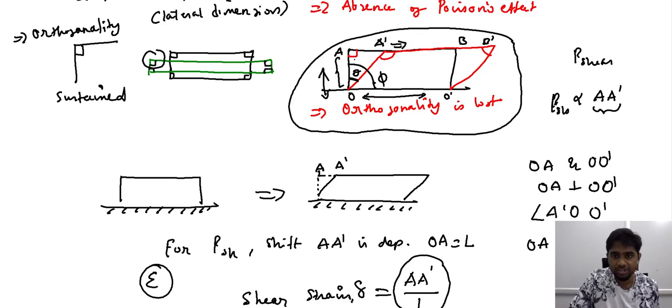So what we are essentially doing is comparing the new position with respect to the original position from O. We are not just considering A prime, but the shift in the corners from A to A prime with respect to O. We are not just considering the movement of the corners, but the movement of the corners from the point O. Therefore, this can be described by the angle theta.